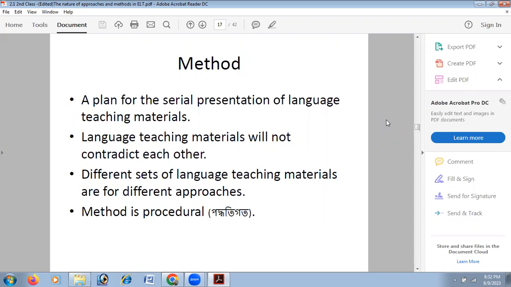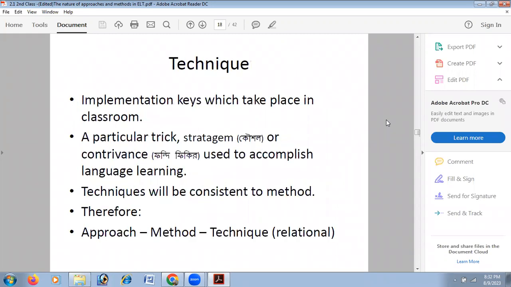If we go forward, we see another portion, that is technique. Technique is the implementation which takes place in the classroom. That means a particular trick, stratagem or contrivance used to accomplish language learning.